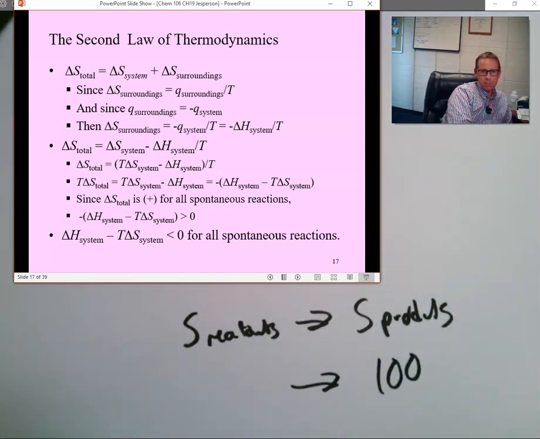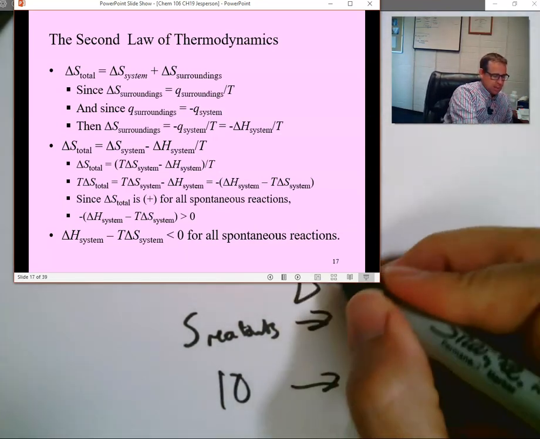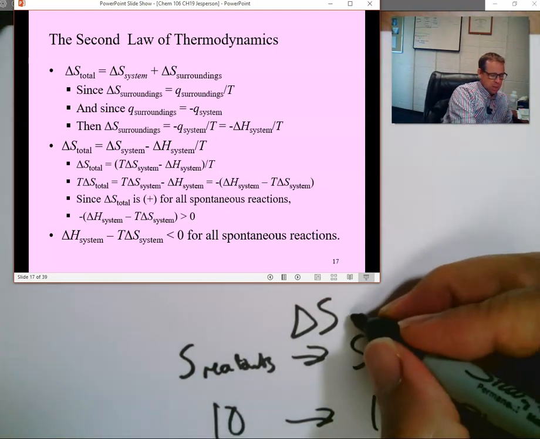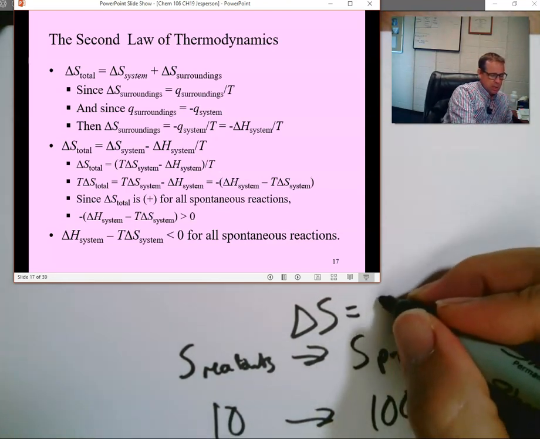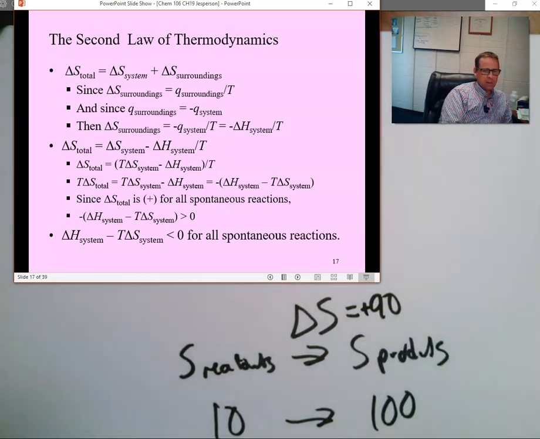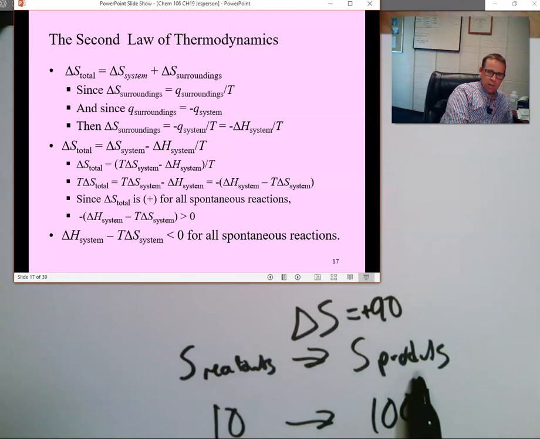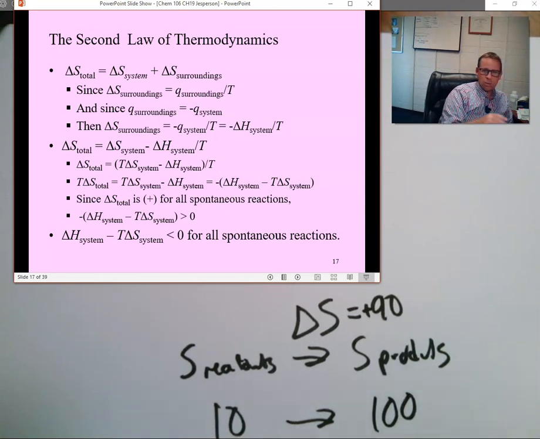The reactants more ordered, let's give it a value of 10. The delta S for this reaction would be products minus reactants. Okay, so here we'd have positive 90. But that positive value is an indication that this reaction is becoming more disordered, and that disordering process becomes a driving force for this reaction.